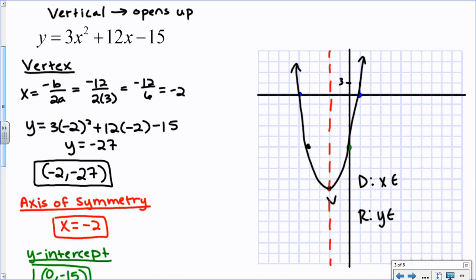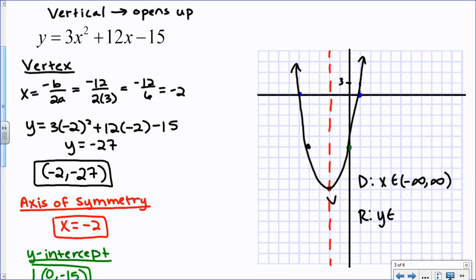Okay. So looking at x values, so looking left to right, do you have a minimum x value? No. So negative infinity. Do you have a maximum x value? No, so positive infinity. Okay, range, your y values, bottom to top.